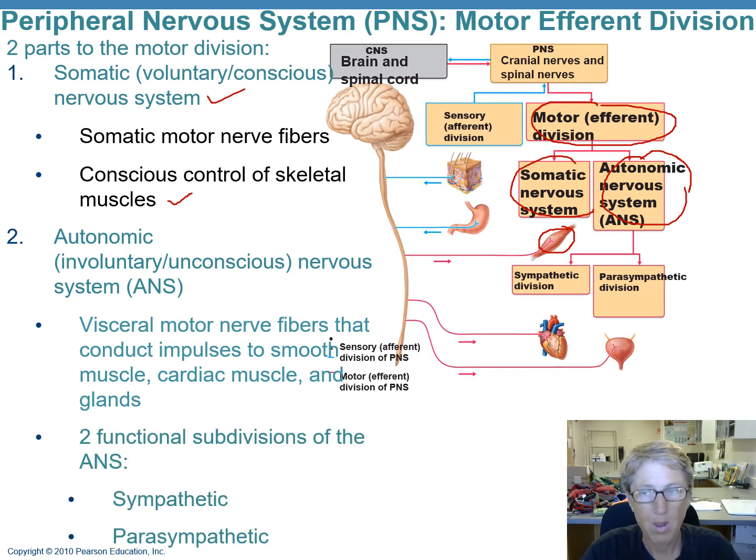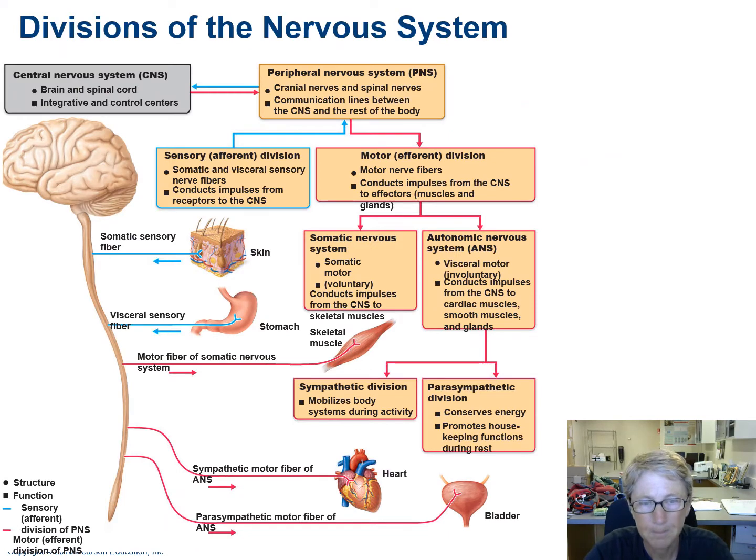But wait, there's more. There's even more division in the autonomic nervous system. It can be broken down into two parts, the sympathetic and the parasympathetic. You may have heard of these systems. The sympathetic is the fight or flight division of your autonomic nervous system. And the parasympathetic division is rest and digest.